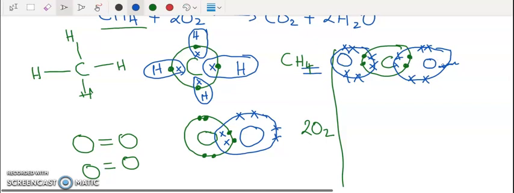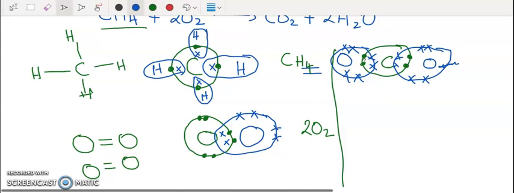Here it's 8 electrons, so both oxygens' outermost orbitals are filled. And for carbon, if you take these two oxygen electrons and add them up to the already 4 electrons for carbon, you'll get 8. So therefore, they filled their outermost shell.